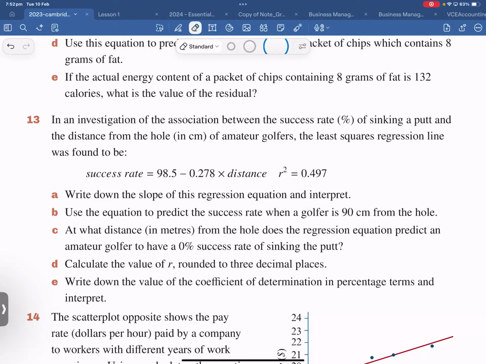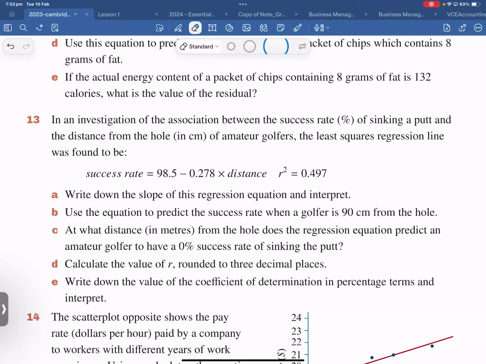What's the slope here? 0.278. Negative. Make sure you are writing for the slope, positive or negative. Then interpret. You have to explain. Remember, we have done it before, how to explain it, interpret it. Do you need help?